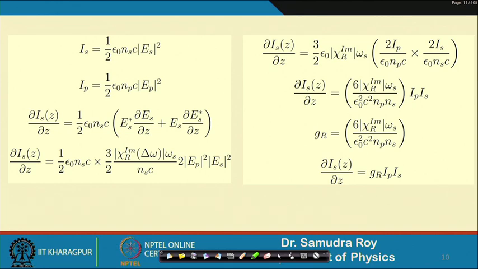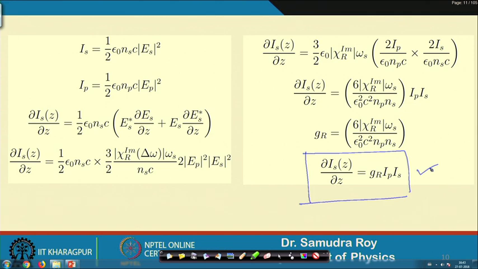When I put this term in and calculate, which is very straightforward algebra, I have this expression in hand. This is the intensity expression for the signal and how the intensity is going to evolve.